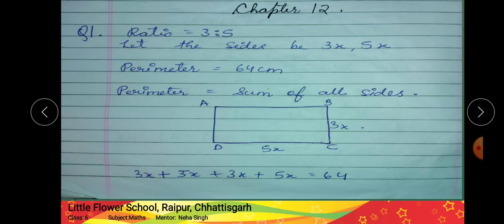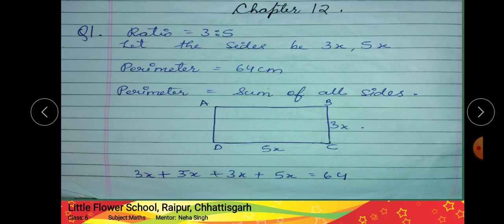We do not know what kind of parallelogram it is; rectangle is also a parallelogram, square is also a parallelogram, so we have taken it in general. Opposite sides in a parallelogram are equal as well as parallel. This is 5x, so this will also be 5x.